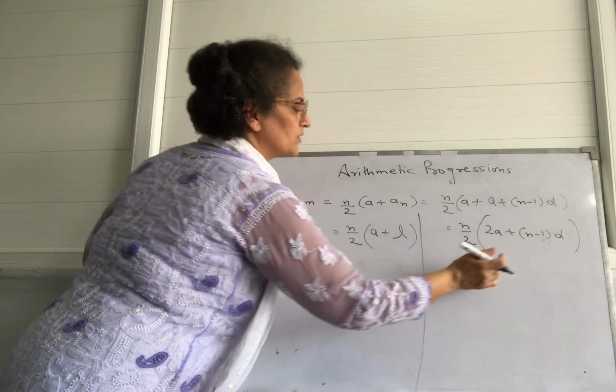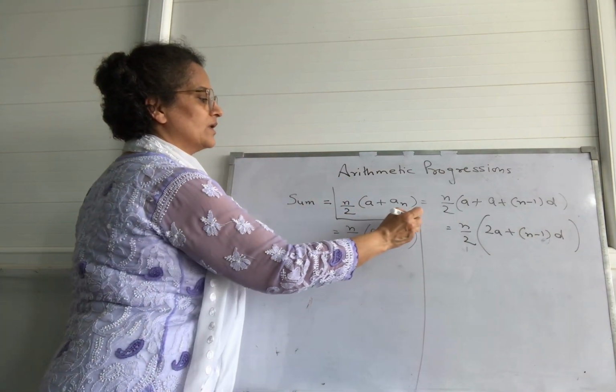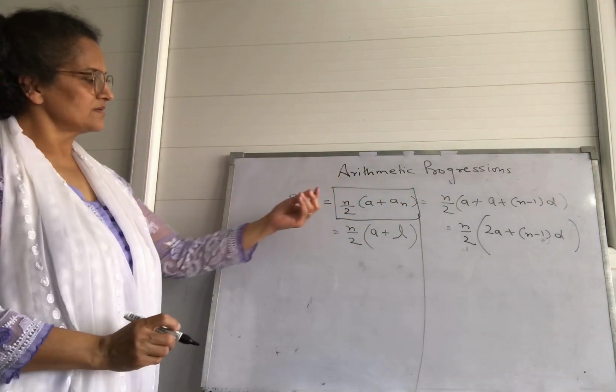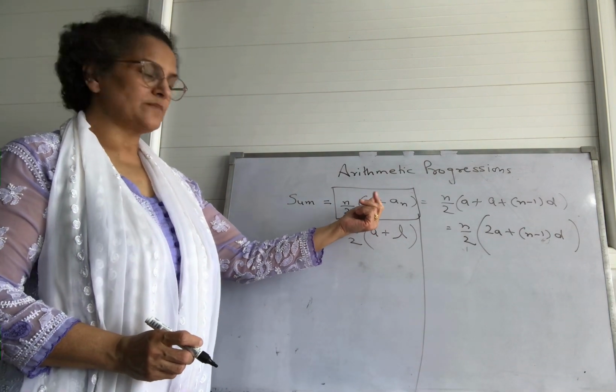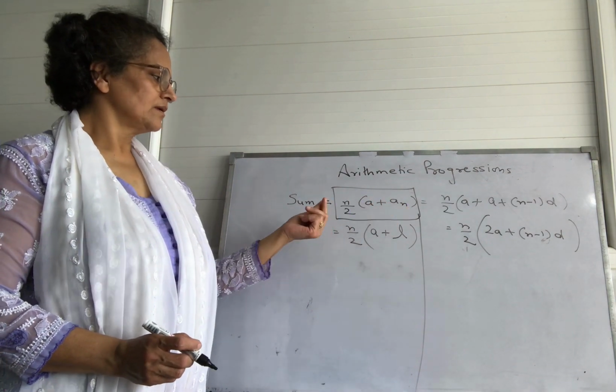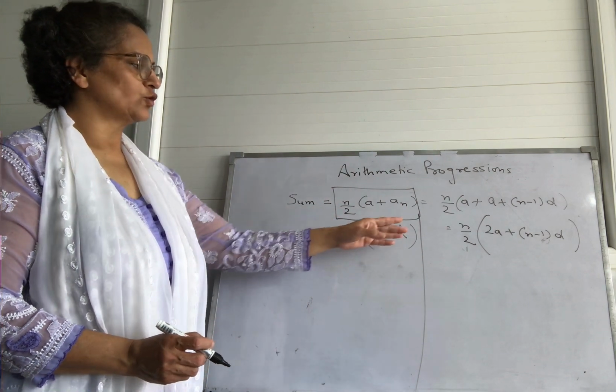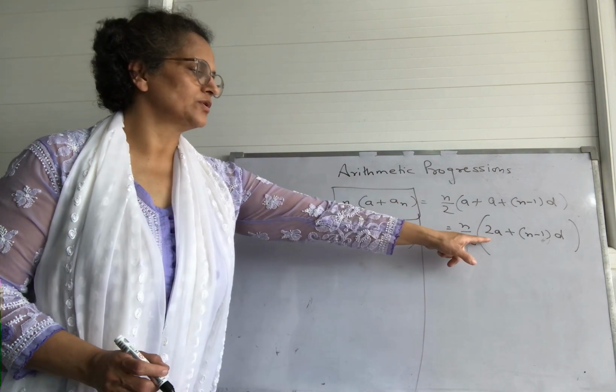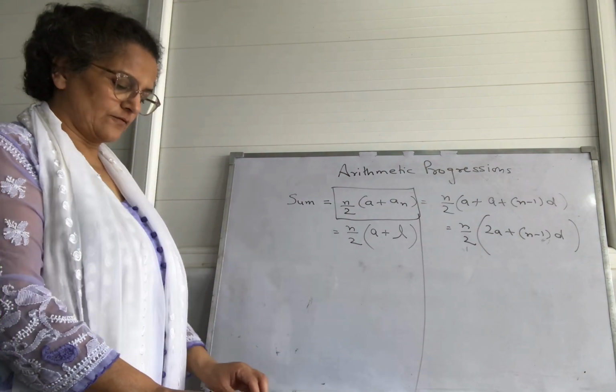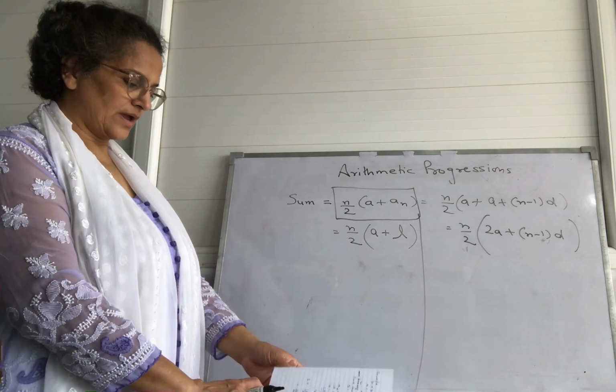So you have to keep in mind this formula, that sum is the first term plus the last term, and outside the bracket we have n by 2. And if you put in the value, you get this formula for finding the sum of an AP.